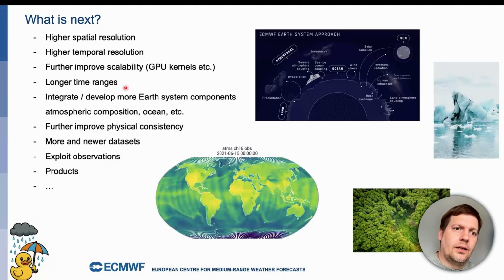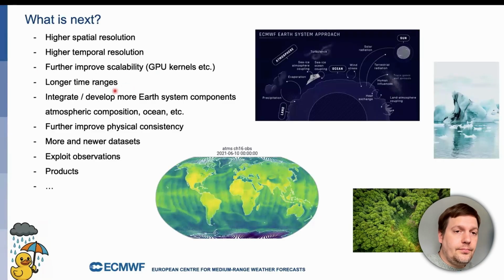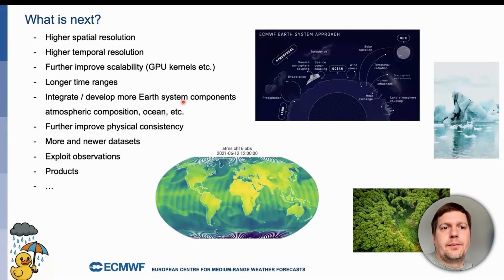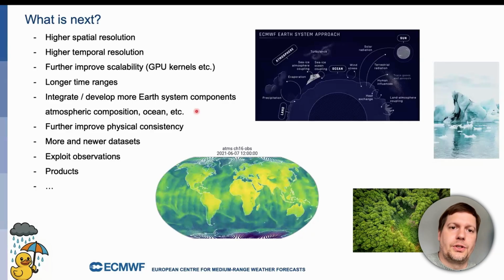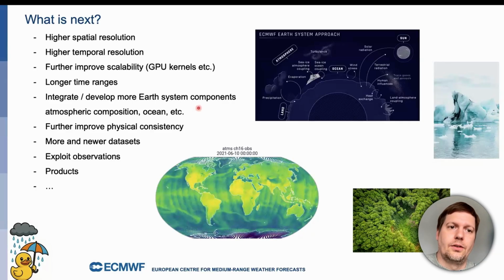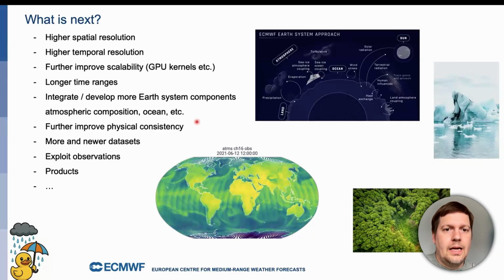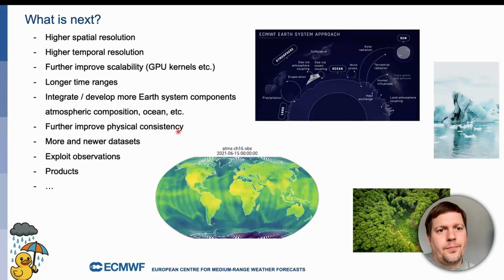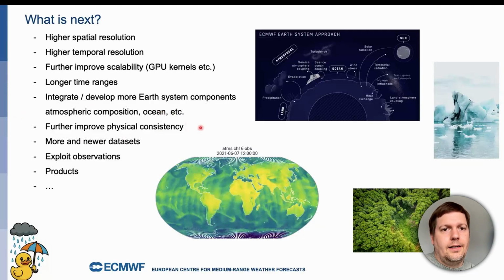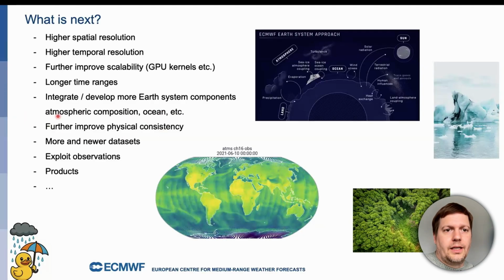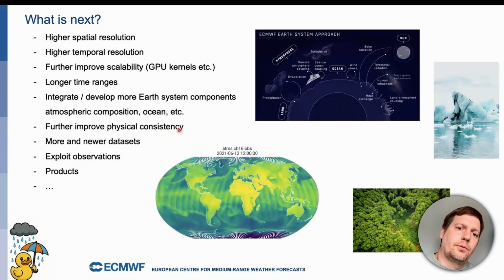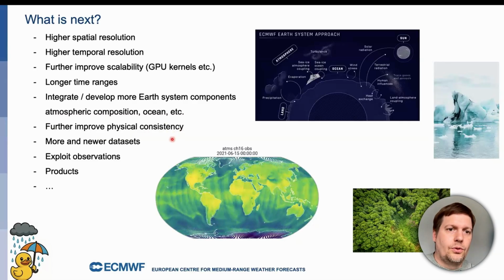We want to look at even longer time ranges and also, importantly, integrate more Earth system components like atmospheric composition, the ocean, and so on. A big topic is also to improve physical consistency, which is an ongoing endeavor. We already made quite good progress, but there's more to do.